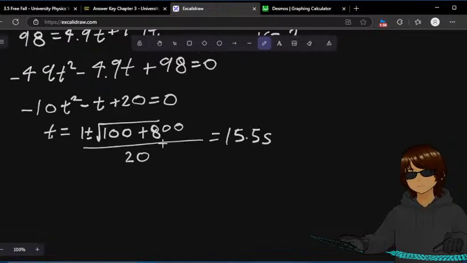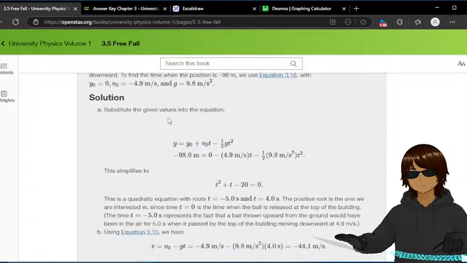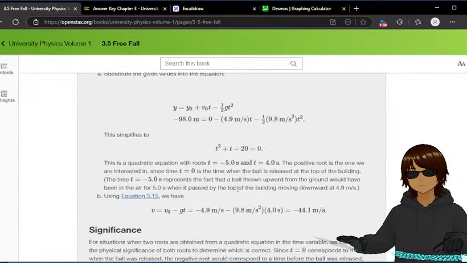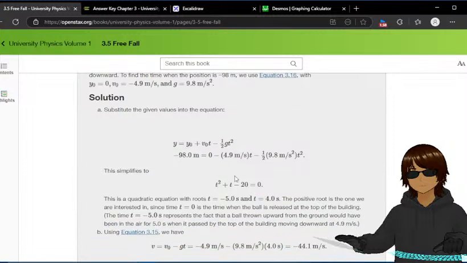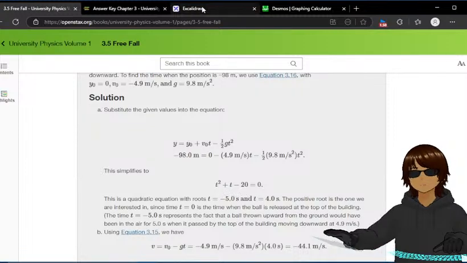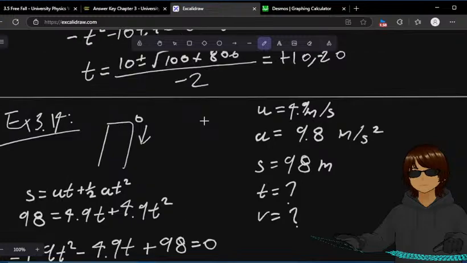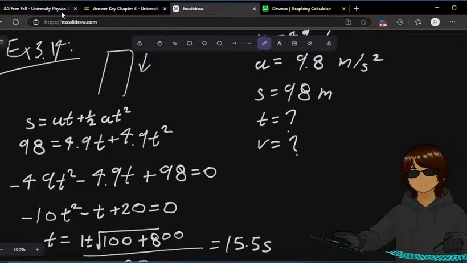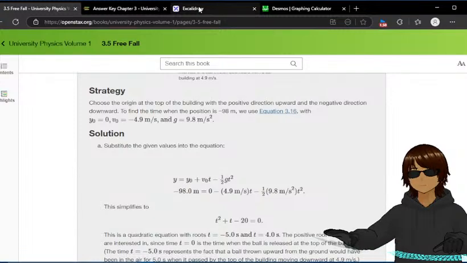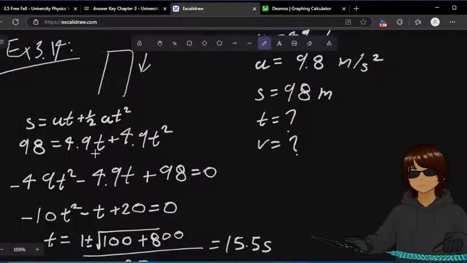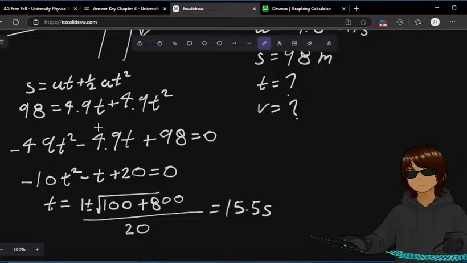Is this correct so far? t squared plus t minus 20. 98, 4.9, and 9.8.